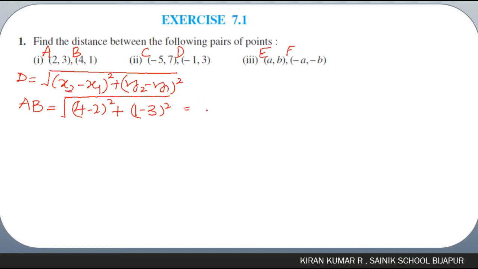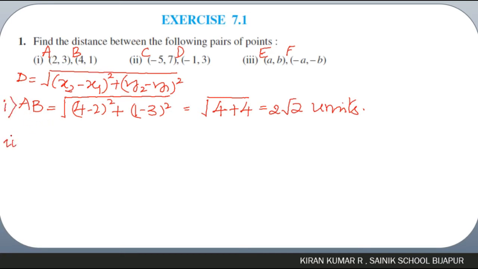It is 2. 2 squared is 4, plus 1 minus 3 is negative 2. Negative 2 squared will be 4. So we get root 8, same as 2 root 2. So 2 root 2 units is the distance between point A and point B.